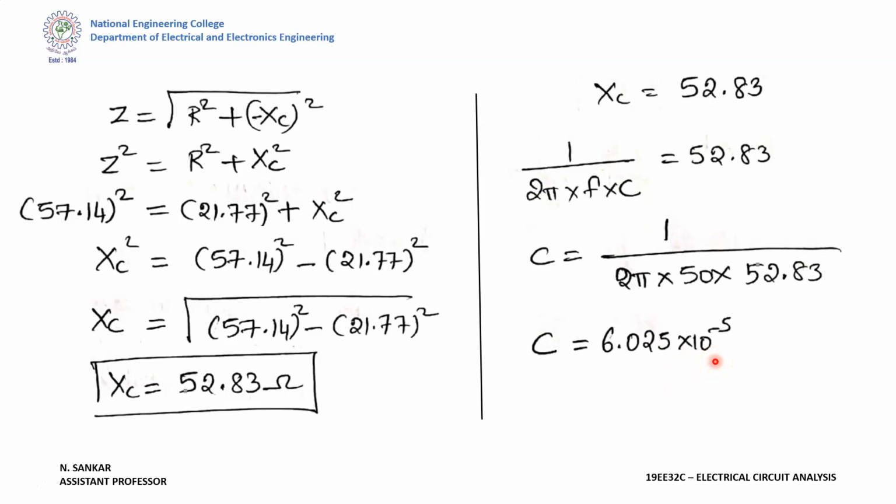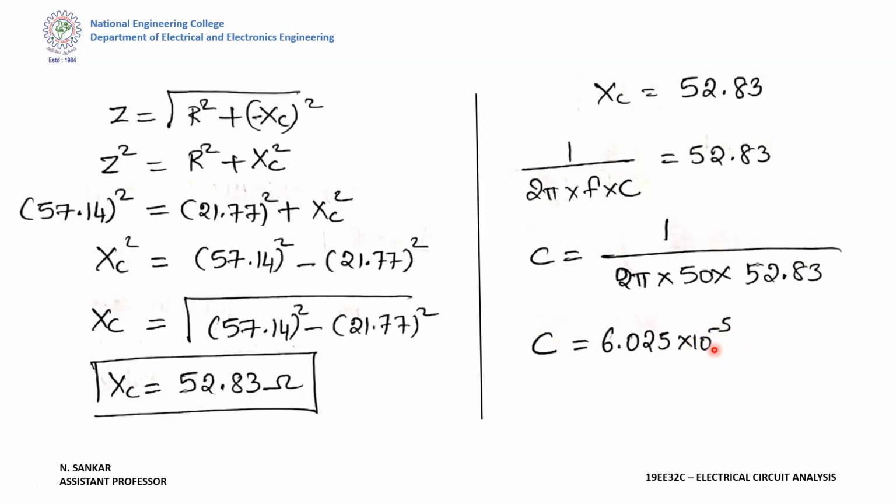Mostly for a resistor, capacitor or inductor, we won't use 10 power minus 5 or 10 power minus 7 or 10 power minus 4. We will use the standard as either 10 power 3, 10 power 6, 10 power 9, or 10 power minus 3, 10 power minus 6, or 10 power minus 9. So it will be a multiple of 3, either positive or negative. Just convert this into either 10 power minus 3 or 10 power minus 6, but it will be good if you convert this to 10 power minus 6.